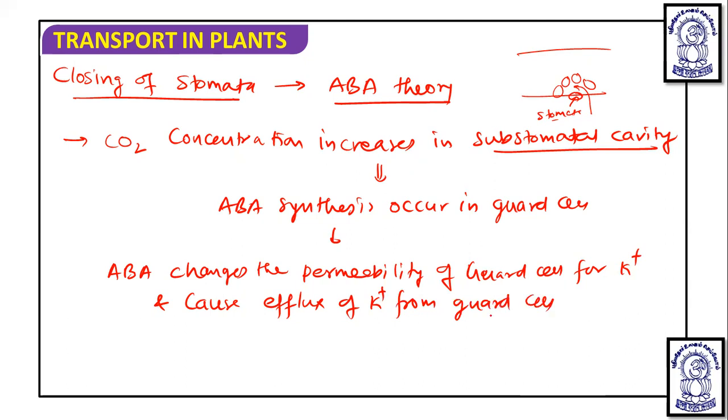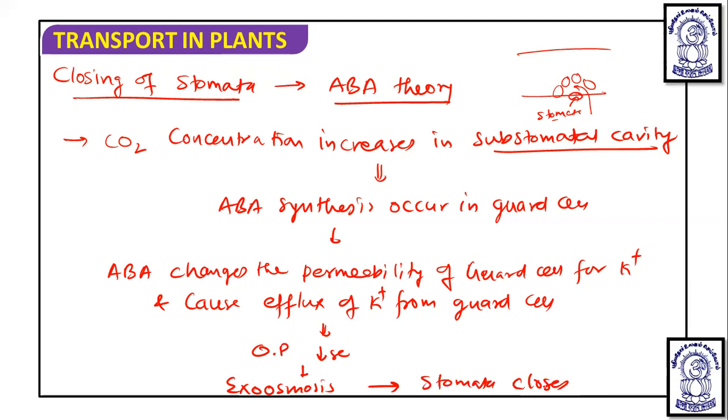When potassium malate breaks down and K plus goes out from the guard cell, the osmotic pressure for solute gets decreased. So osmotic pressure will decrease, exosmosis will occur, and the stomata get closed.